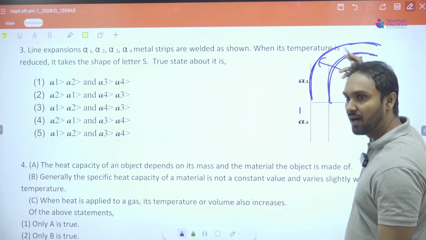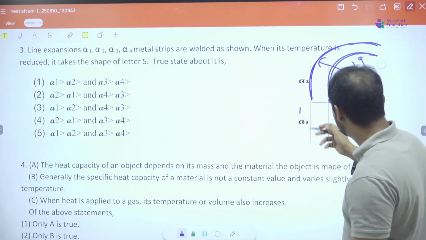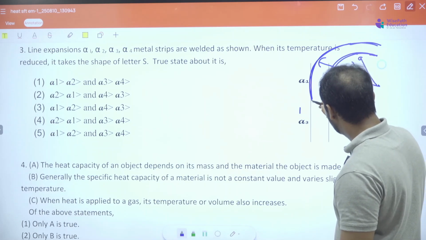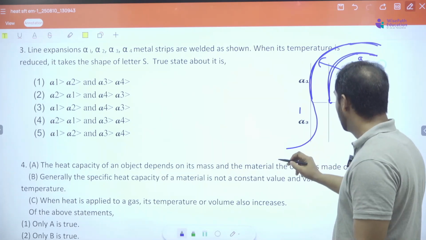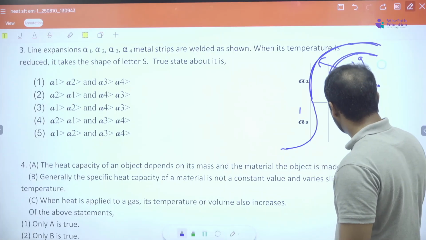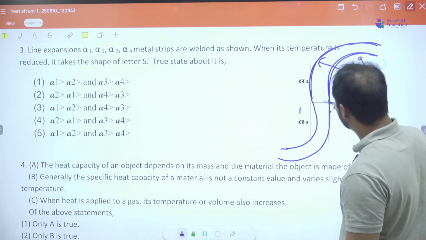So to have a greater arc length it has to have a greater expansion, right? It's the same to this. This has to bend this side, and this has to bend like this.